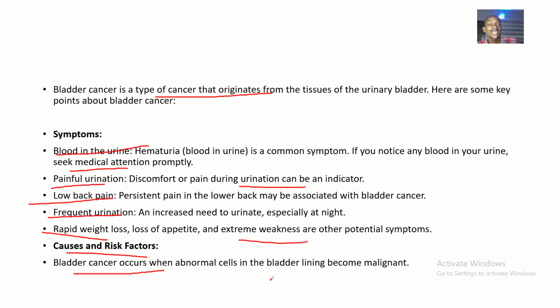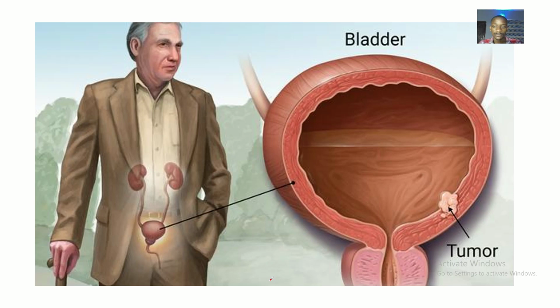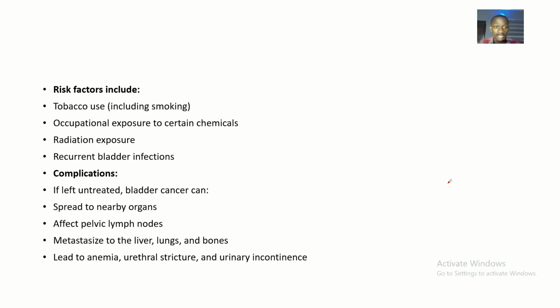Earlier on, they are benign, growing but harmless. But if you are seeing blood in your urine over some time and you don't seek medical attention, this can lead to the cancerous state. You could see a tumor, abnormal cells growing in one particular part of the organ.